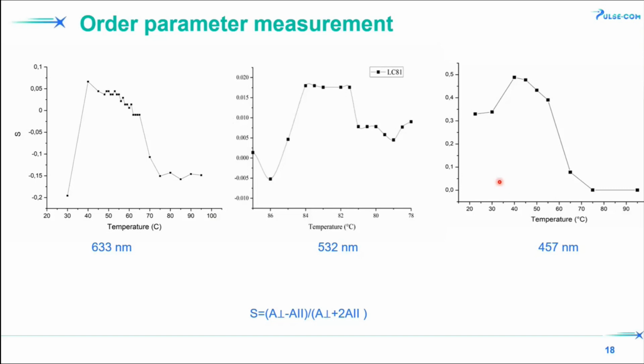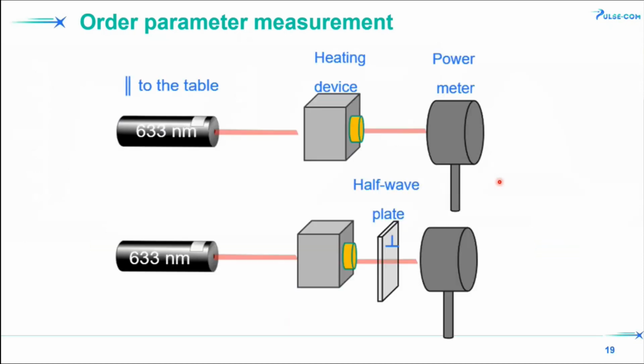The wavelength, as you see, is 457, a wavelength that is absorbed, about 80% of it by the mixture, so it gives a good absorption. And then, of course, you will have better conditions in terms of how the experiment is performed. For example, the power meter has to be, if possible, attached as much as possible to the heating device so that there is no dispersion of light.